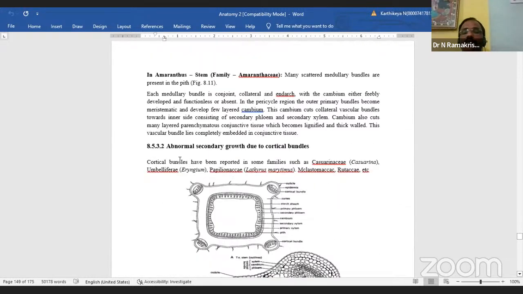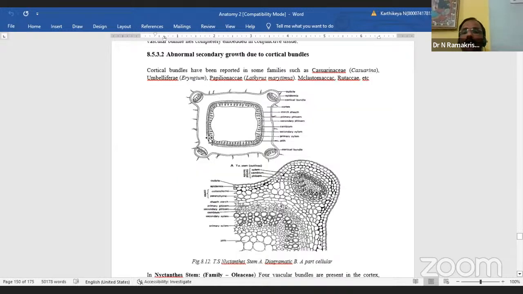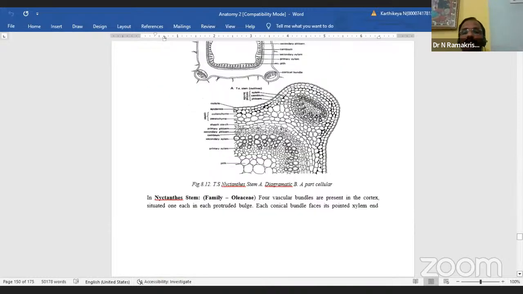Now here this one: abnormal secondary growth due to collateral bundles. Here the center part is totally empty. So we call this abnormal secondary growth due to the cortical bundles.